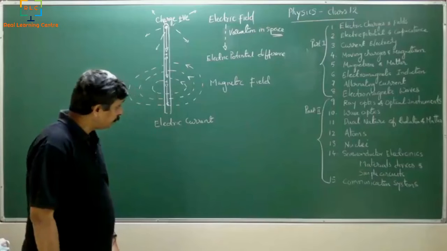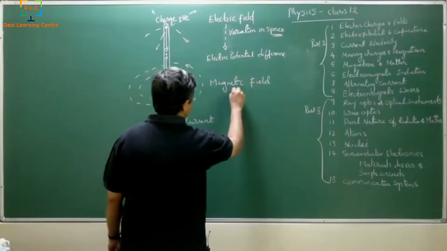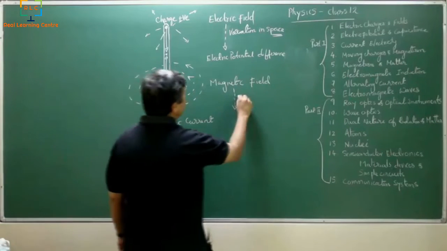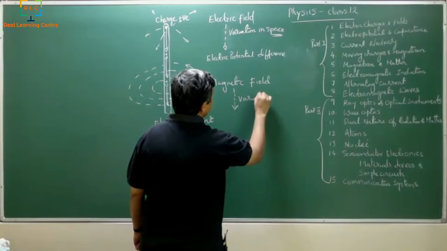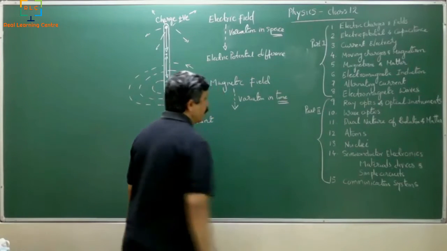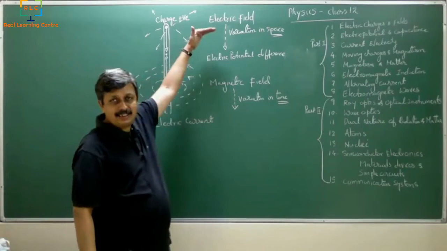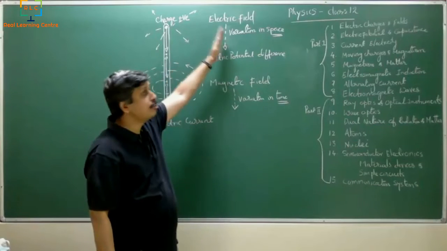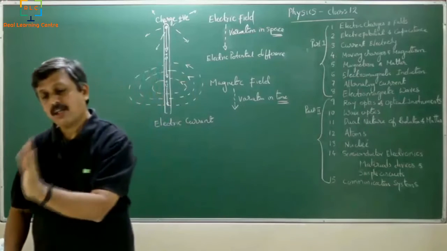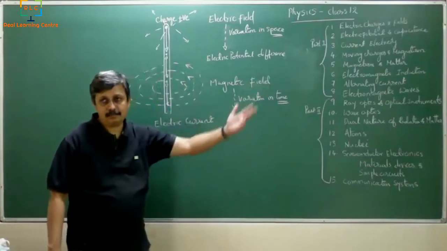And then we move on to see that this magnetic field, suppose it changes, a variation in time. See, I am now putting it in terms of time. Here the electric field is changing, or there is a variation in space. That means at the same point in time, if I watch at various points in space, the value of electric field is different.